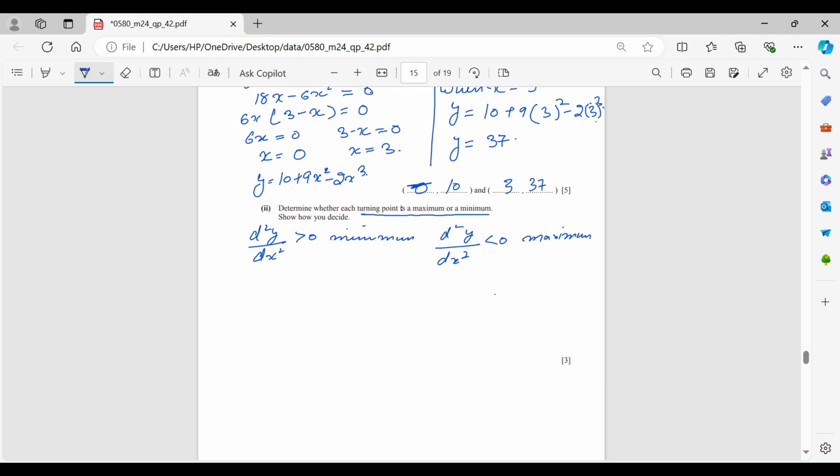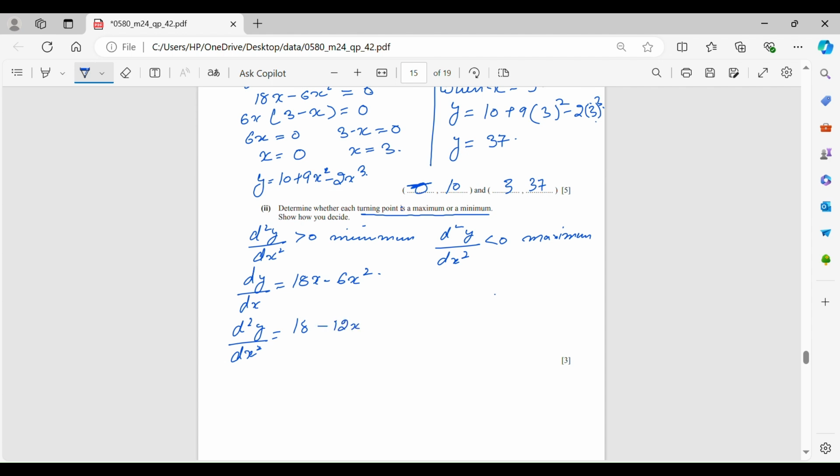Let's find d square y by dx square. We know dy by dx is equal to 18x minus 6x square. Now d square y by dx square will be equal to 18 minus 12x.